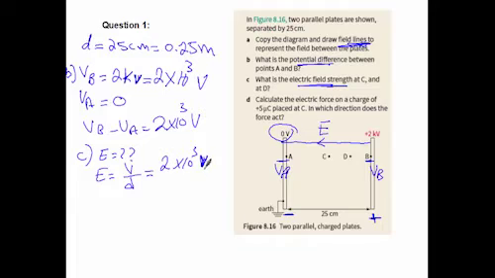Let's write the units just to get the unit for E, and our D is 25 centimeter and we convert it to meter, so it's 0.25 meters. This will give us the value for E, which is 8000 volt per meter.